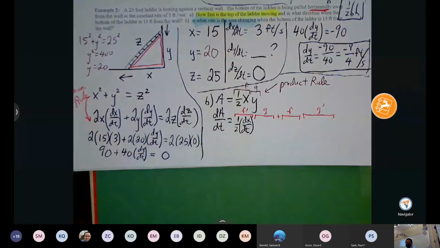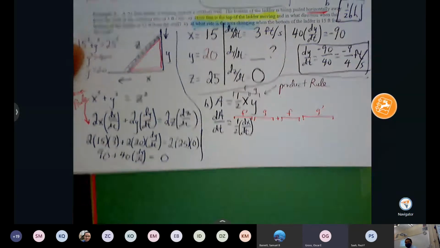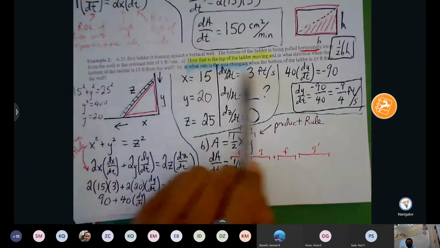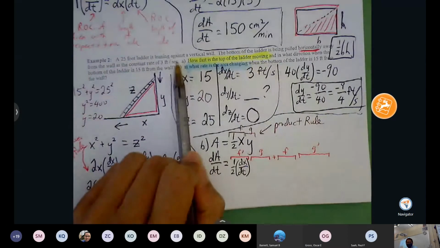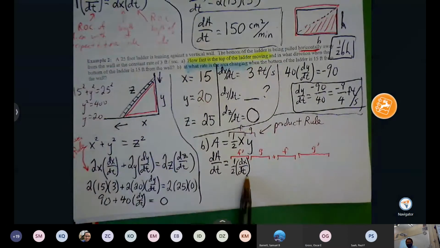So I'm just wondering, when do we have to put dx dt or dA dt? When we're dealing with related rates, if there's time involved in the problem, then we're always going to have a d over dt.